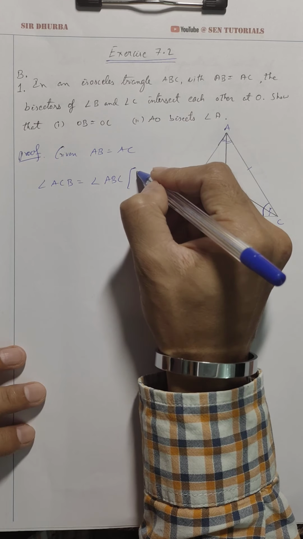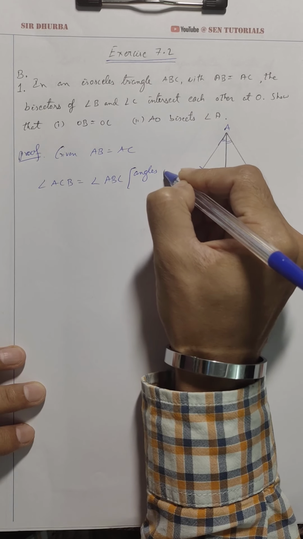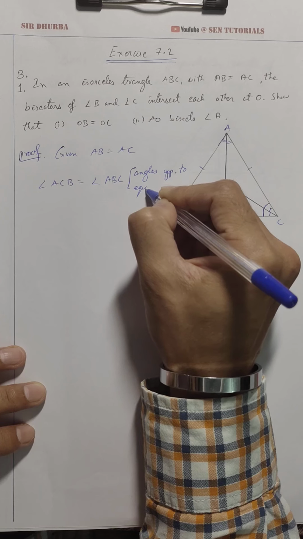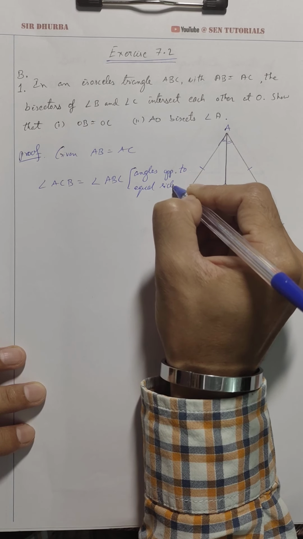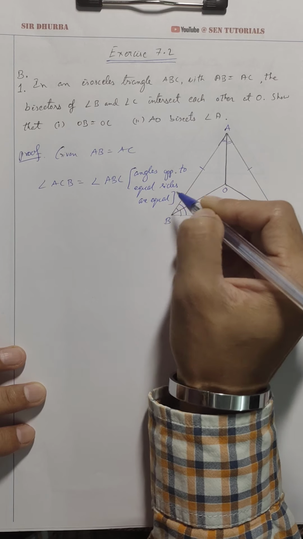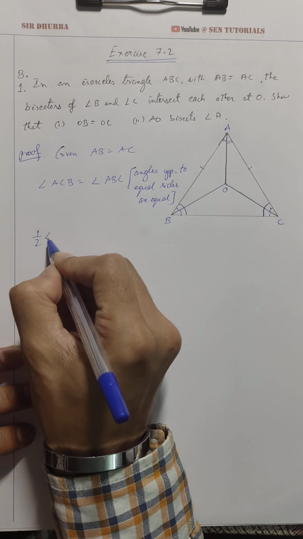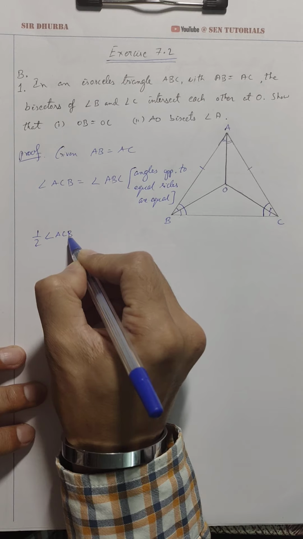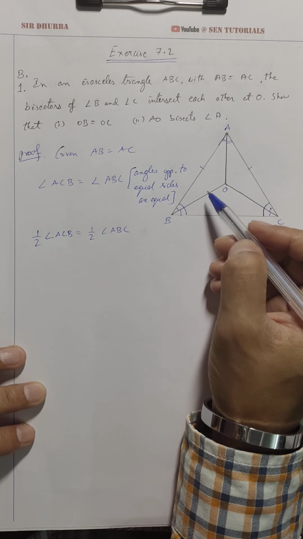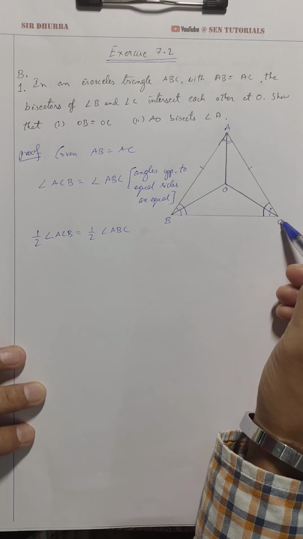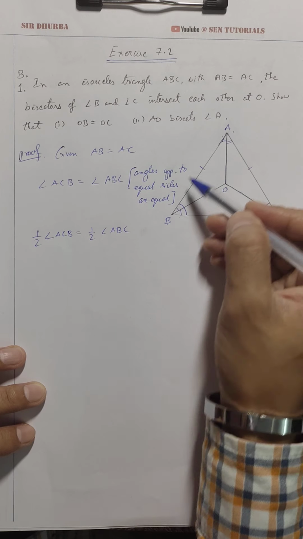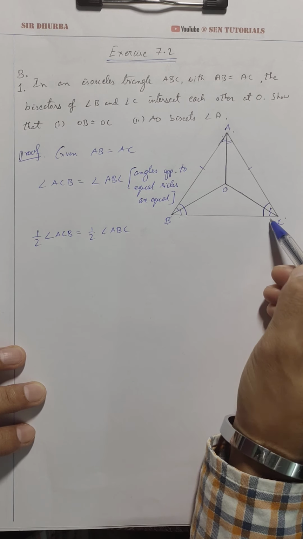Reason, if you wish, you can write down that same reason: angles opposite to equal sides are equal. So now I'll divide both sides by 2. It becomes half of angle ACB and half of angle ABC.